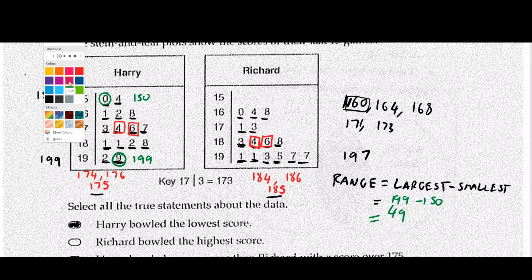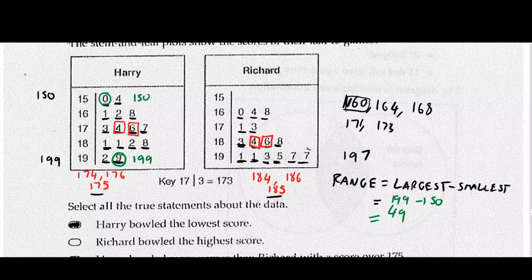While for Richard, 197. So for Richard, it's going to be 197, take 160. 197, take 160, 37.